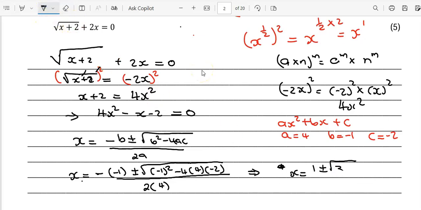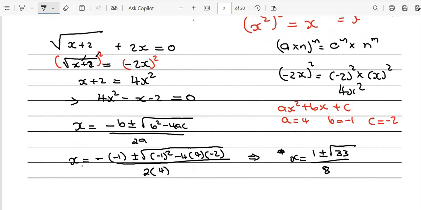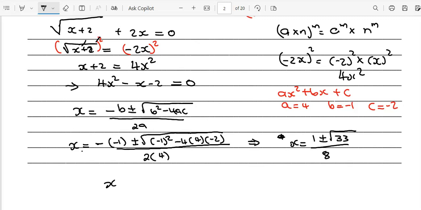Everything is divided by 8. So if you punch this on the calculator for the positive and the negative, you can say x is equal to 1 minus the square root of 33 over 8, or x is equal to 1 plus the square root of 33 over 8.